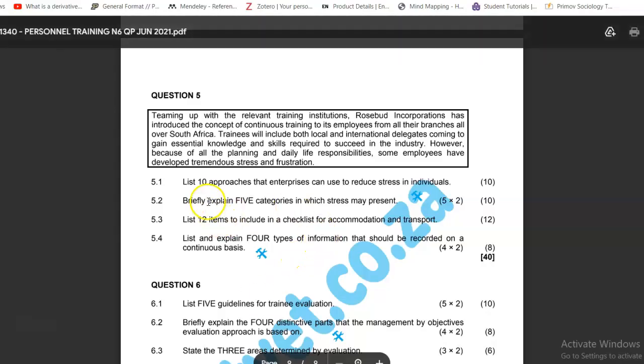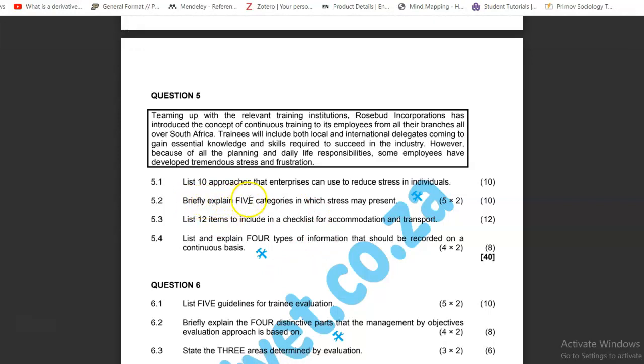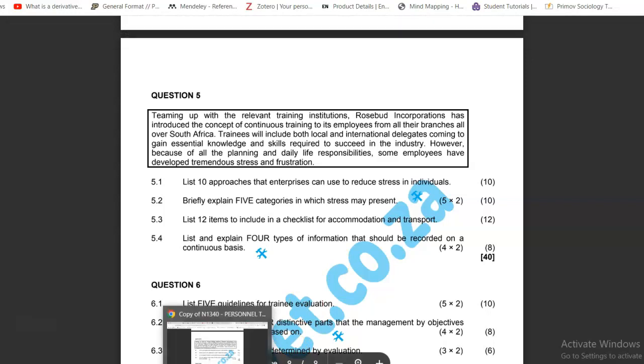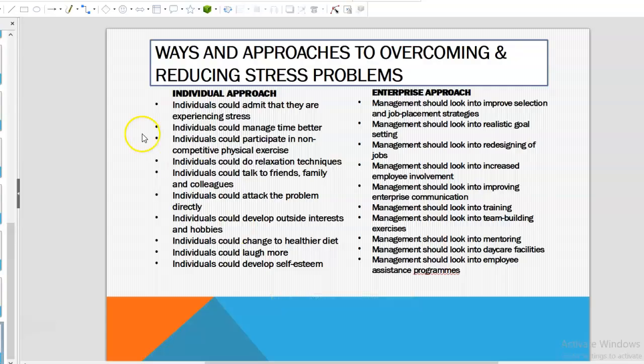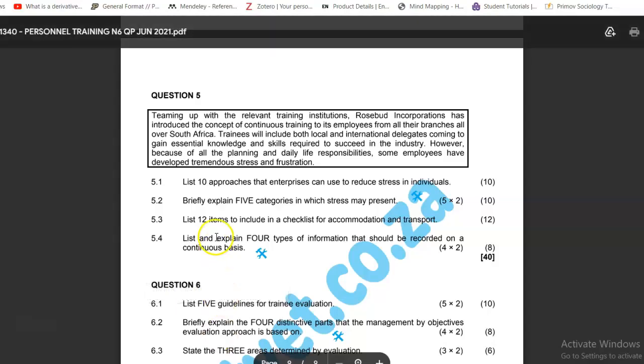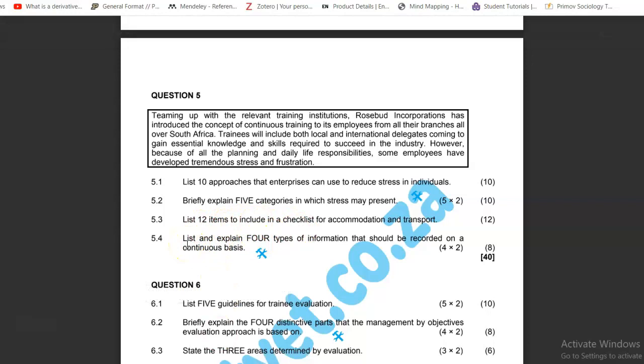Let's go and say, briefly explain 5 categories in which stress may present itself. They are talking about what those categories are. Here are the categories: physiological symptoms, psychological symptoms. So if they said name and explain, you should be able to do so here. Let's go to the 12 items. We've already talked about that.